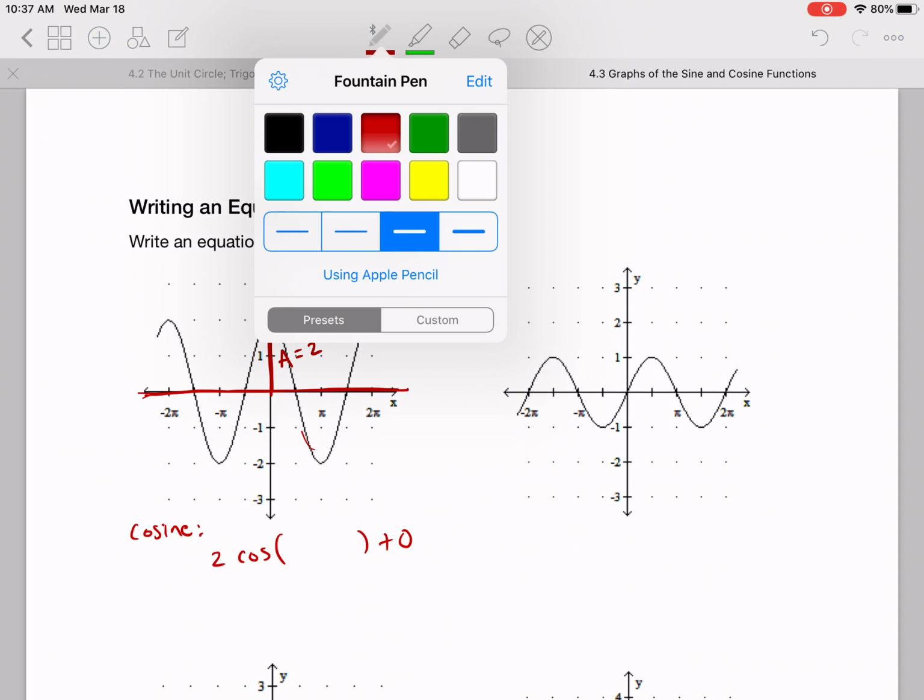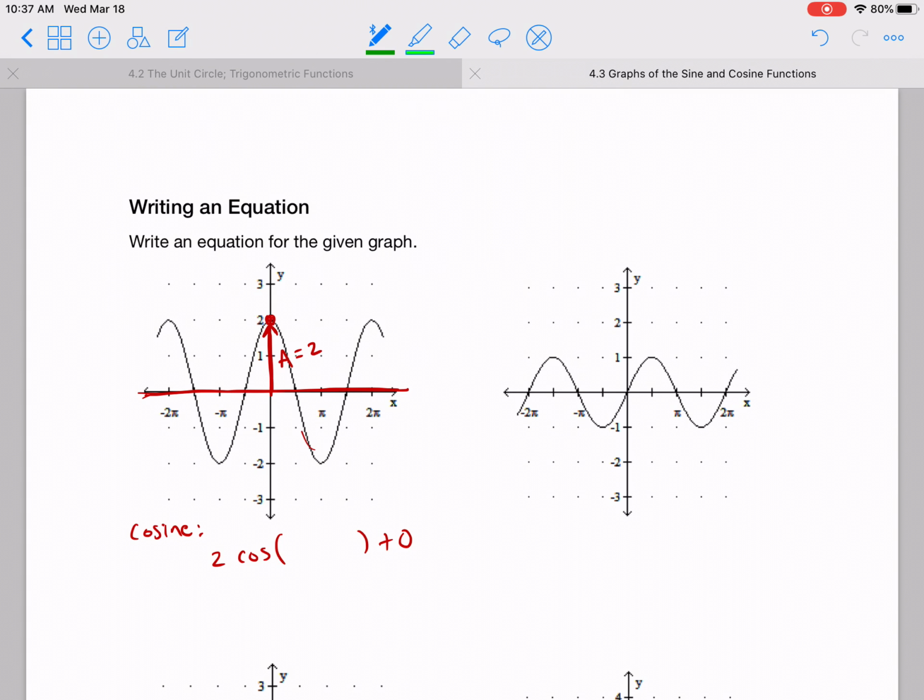We can look at the period by going through one full cycle, peak to peak. And if we look at this, this is occurring over a distance from 0 to 2 pi. Therefore, the period equals 2 pi. Okay?